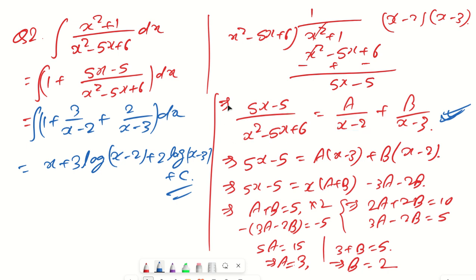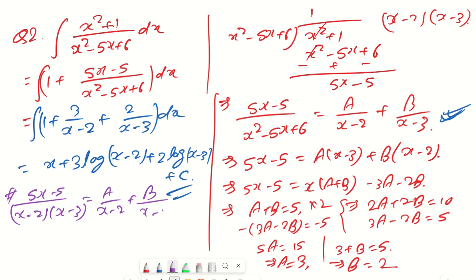This is my term that is there. Let me tell you here. (5x minus 5) by (x minus 2)(x minus 3) is equal to a by (x minus 2) plus b by (x minus 3). So if you want to get the value of a, if you equate x minus 2 equal to 0, x will be 2.